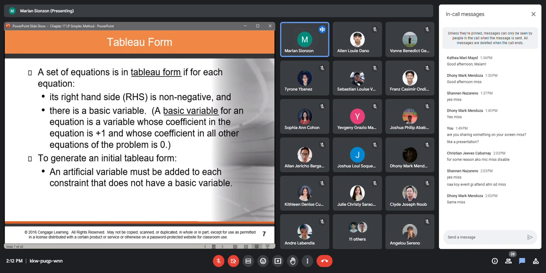All right. So to generate an initial table form, that's actually the tableau form, an artificial variable must be added to each constraint that does not have a basic variable. So ang imong basic variable mo tong S sub 1, S sub 2, and S sub 3, whatever that is. Pero ang imong, if it does not have a basic variable, example katong third equation, equal man siya, wala siya S sub 1 or S sub 2, you will have to put in an artificial variable.